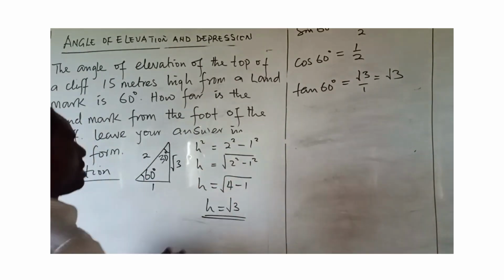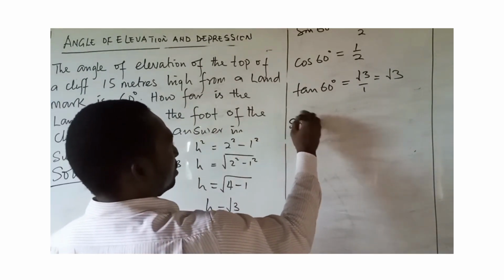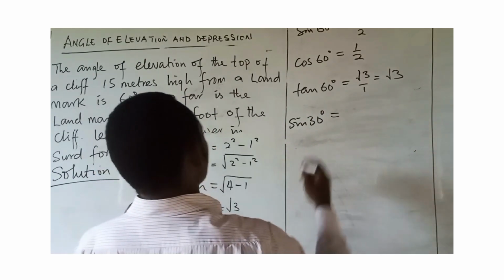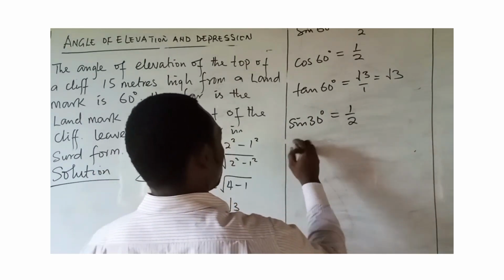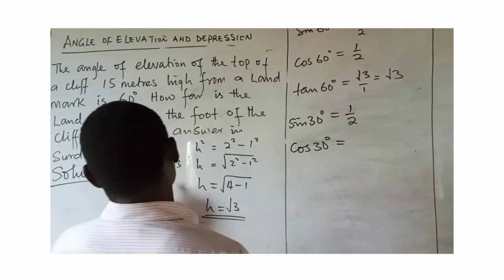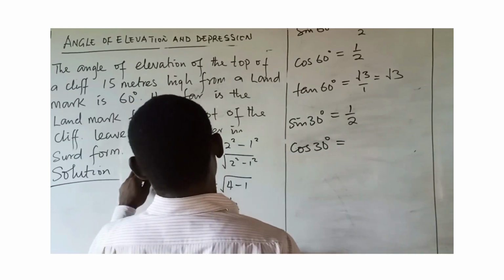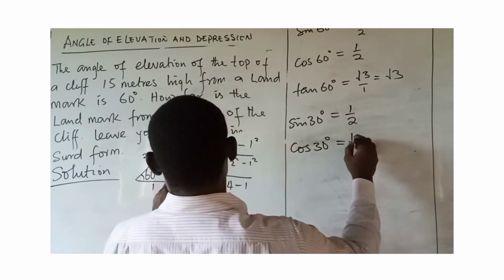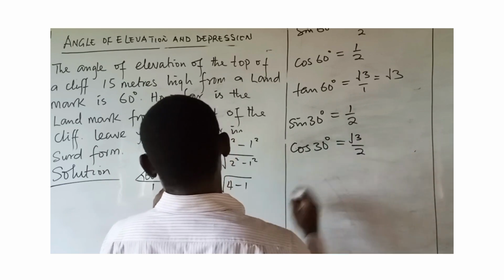Then coming to 30, we have that sin 30 is equal to opposite over hypotenuse, which is half. Cos 30 will give us adjacent over hypotenuse, which is root 3 over 2.